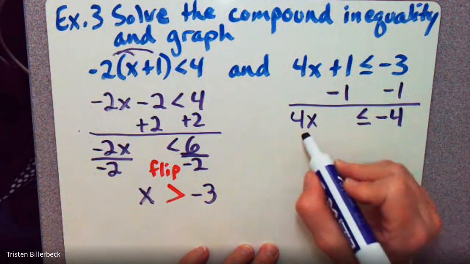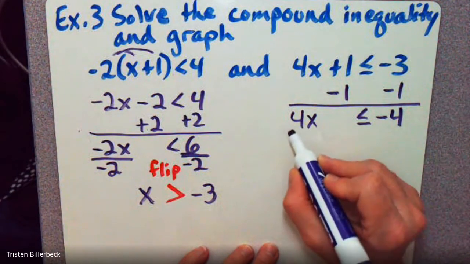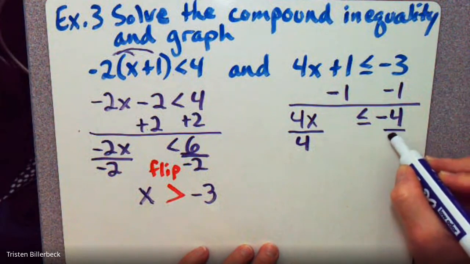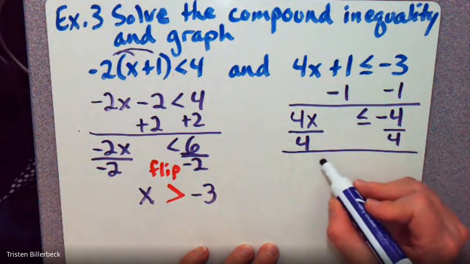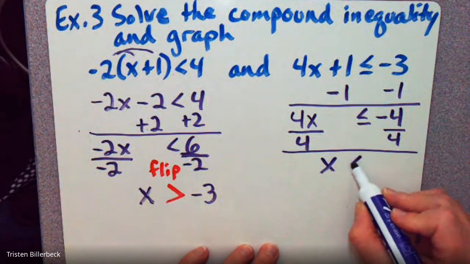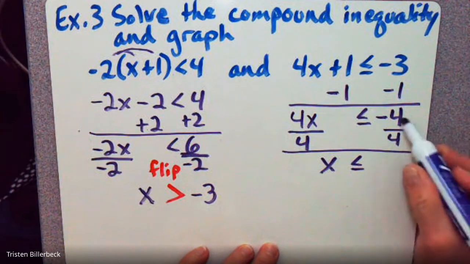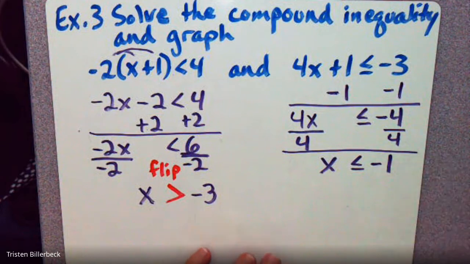Okay, we are going to use a multiplicative inverse. 4 is multiplying x, so the opposite operation is division. So we divide by 4, and we get x is less than or equal to a -4 divided by 4. We only have one negative, so it doesn't cancel, so we have -1. All right, so let's graph that.